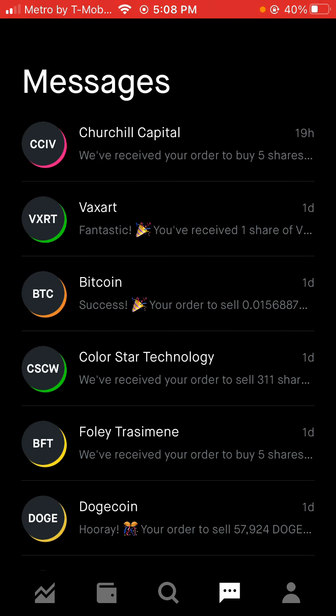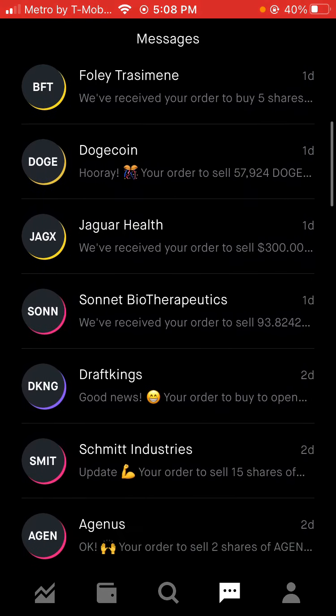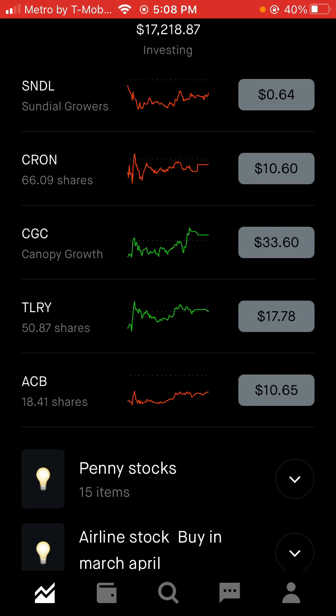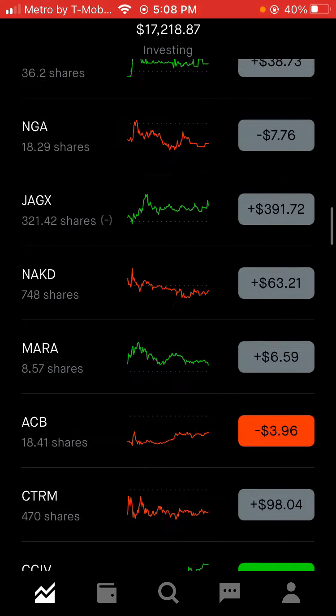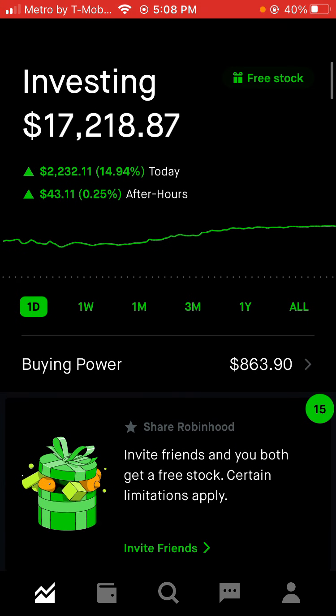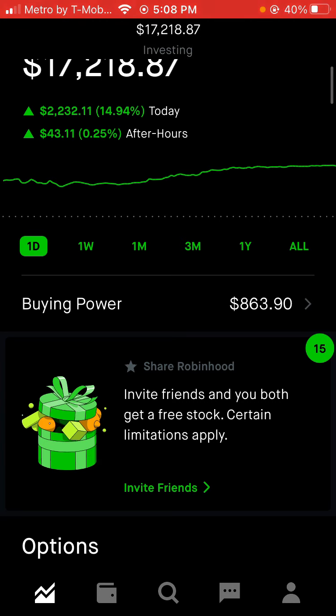And every time you buy and sell, you go to your message area. It'll pop up here. Then also, if you want to add more money to your account, you just hit the buying power and you can add more money.